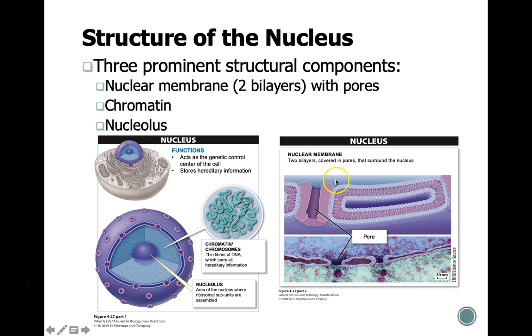So here's a diagram of our nucleus. It is made up of a phospholipid bilayer type membrane with pores in the center. So this nucleus sort of mirrors the shape and function of the plasma membrane.